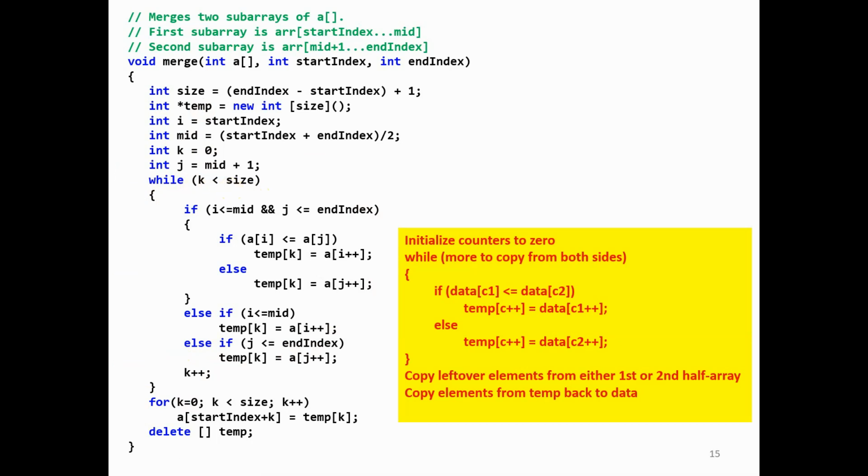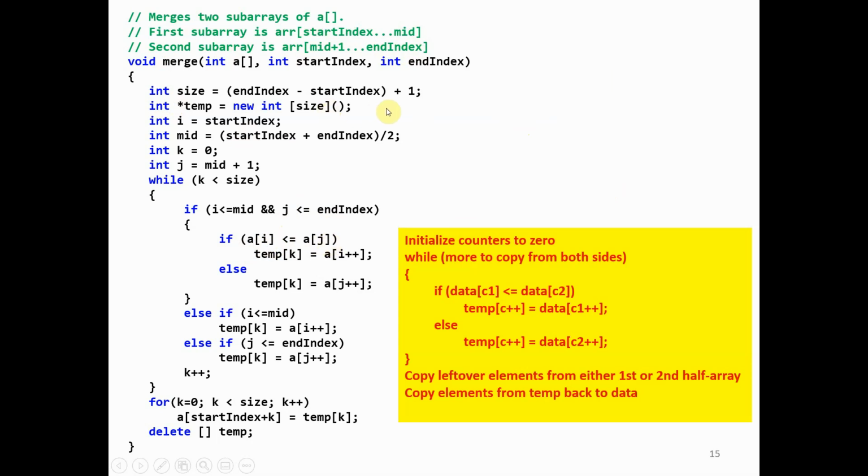Okay, so what we do, again, as long as i is smaller than or equal to mid, it means that we have elements inside the first subarray that haven't been moved to the temp, and there are elements inside the second subarray that haven't been moved to the temp. We compare A[i] and A[j].